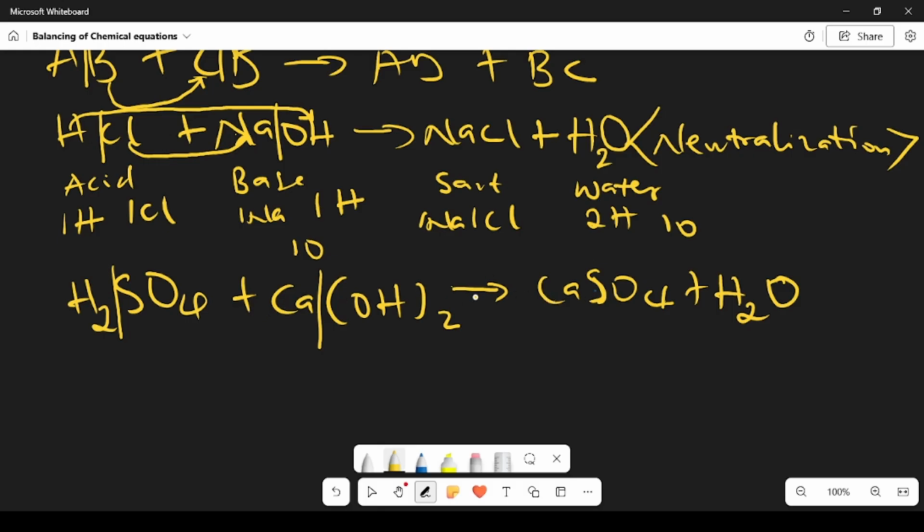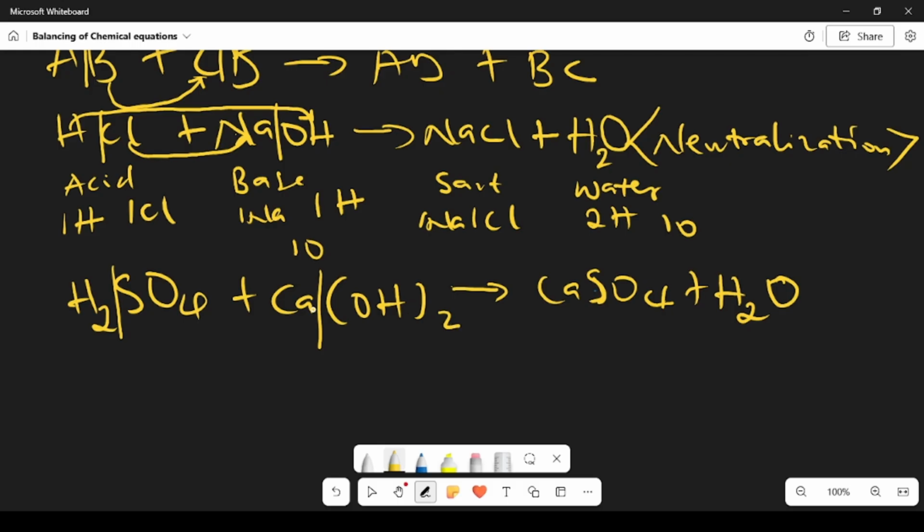Now the next thing left is the balancing. And like I told you before, as a chemistry student, if you're able to react very well without balancing, it's as good as you cooking soup without adding salt. So let's balance. In balancing, you balance element by element, or atom by atom.